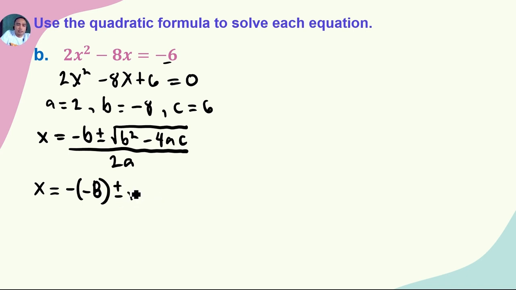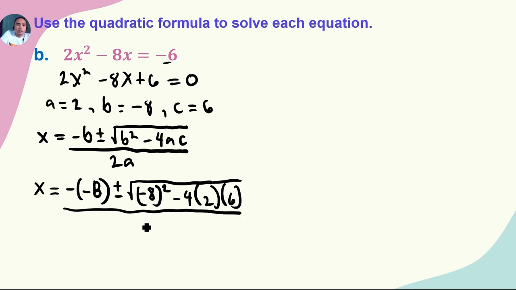Plus minus the square root of b, which is negative 8, so negative 8 squared minus 4. Our a is 2, so times 2, and then times c, which is 6. Then all over 2 times a, 2 times 2.